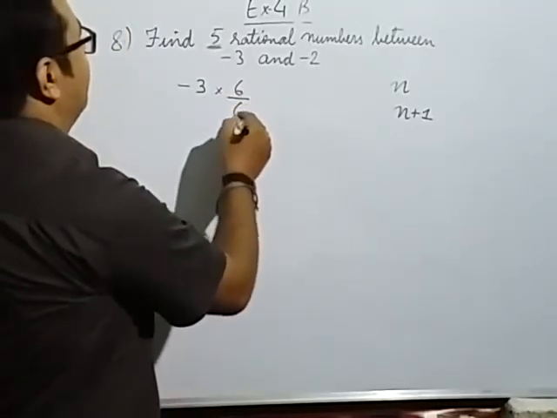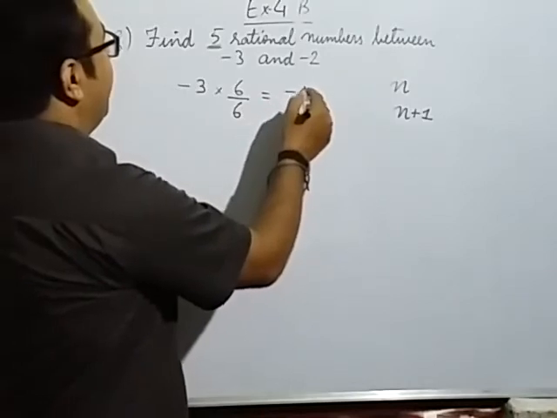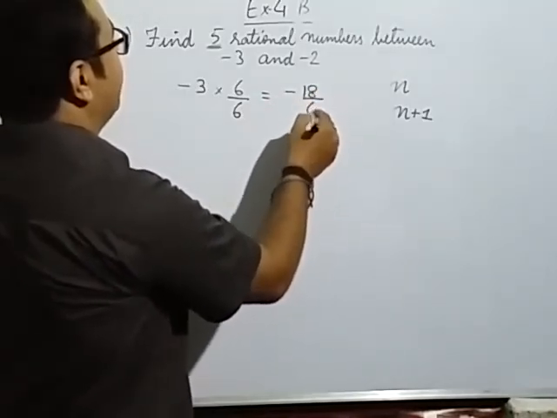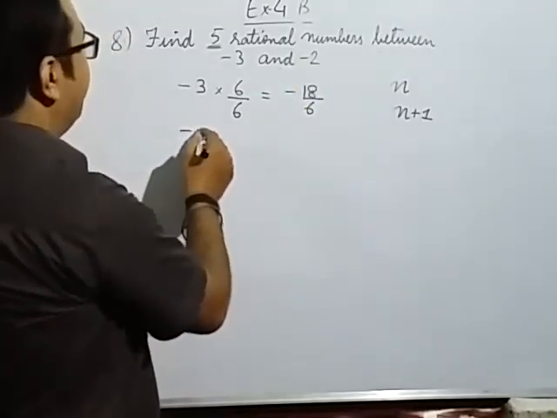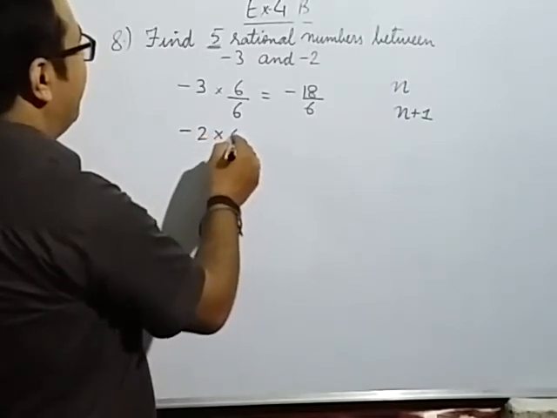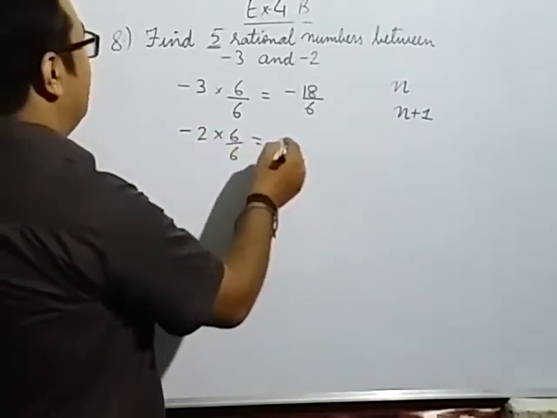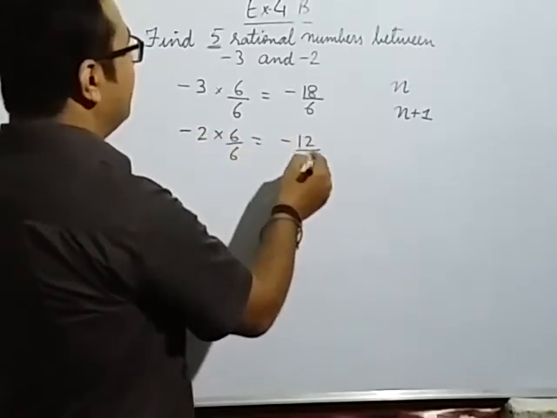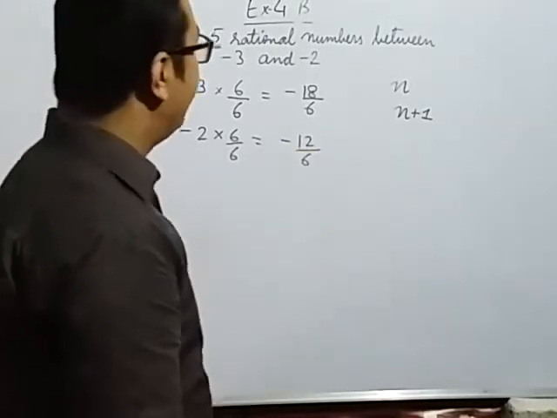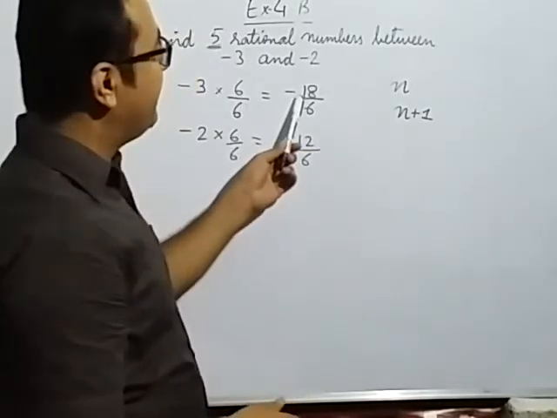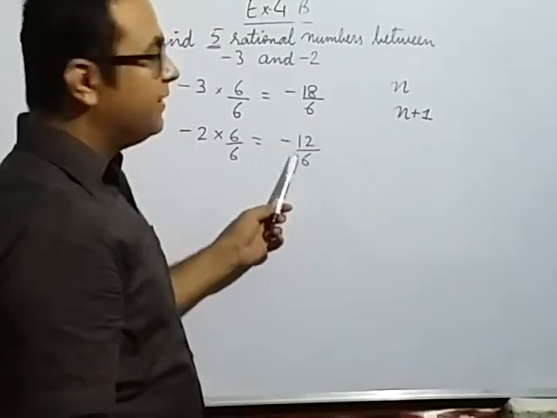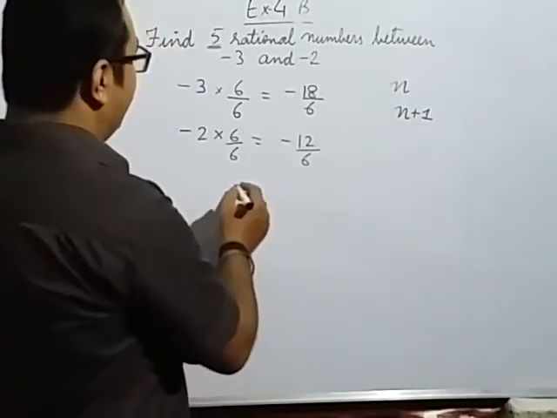6. It will become equal to minus 18 upon 6. Next number is minus 2. Here also we will multiply and divide with 6. So we got minus 12 upon 6. Now we need to write 5 rational numbers between minus 18 upon 6 and minus 12 upon 6.